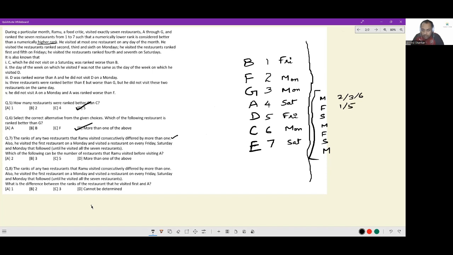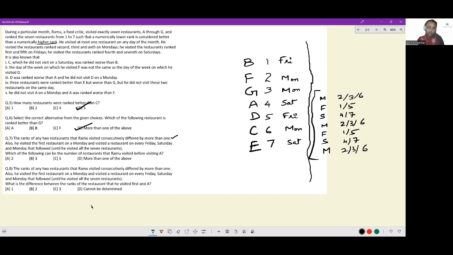On Saturday, it can either be rank 4 or rank 7. So: 2, 3, 6; 1 or 5; 4 or 7; and 2, 3, 6. Now, what we have to do is come up with an acceptable order such that this condition is met.